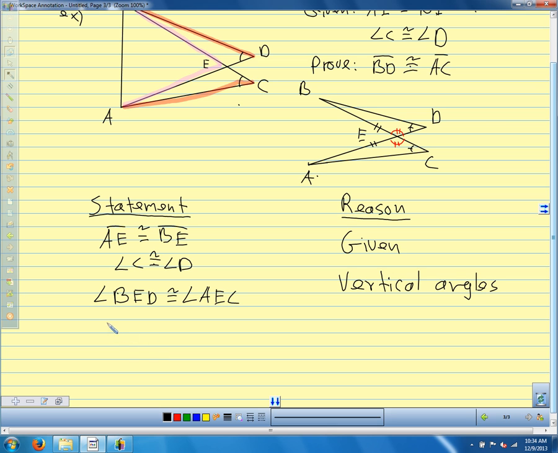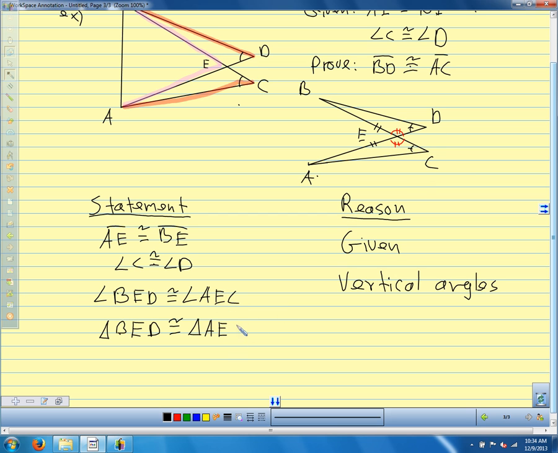So now I can say triangle BED is congruent to triangle, let's match them up the right way. Which angle is going to match up with angle B? A. Which angle matches up with angle E here? E. We already drew that out. And it's just like we wrote it here.